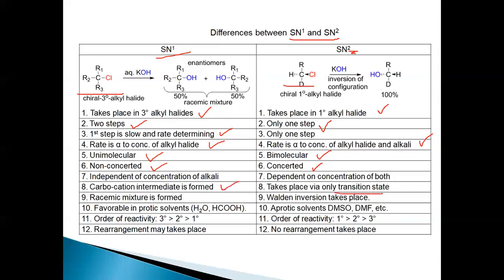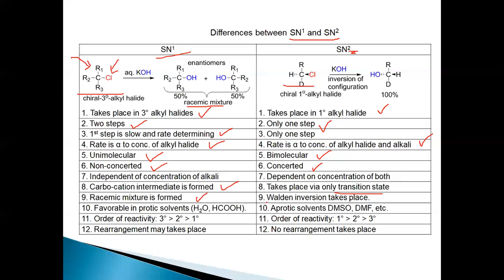Here a transition state is formed, and here is a racemic mixture because the carbocation intermediate which is formed here can be attacked either from the front side or the back side, resulting in the formation of a racemic mixture, where 50% we can see the retention and 50% there is an inversion in configuration.